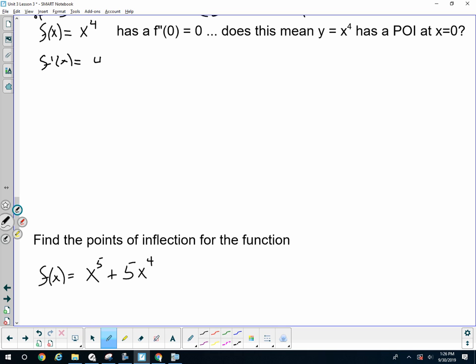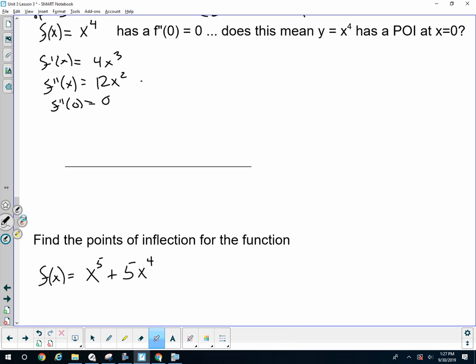If you found the second derivative of x to the fourth, you see it's 12x squared. And at 0, we get 0. So this is a potential location where the signs of f double prime might change.